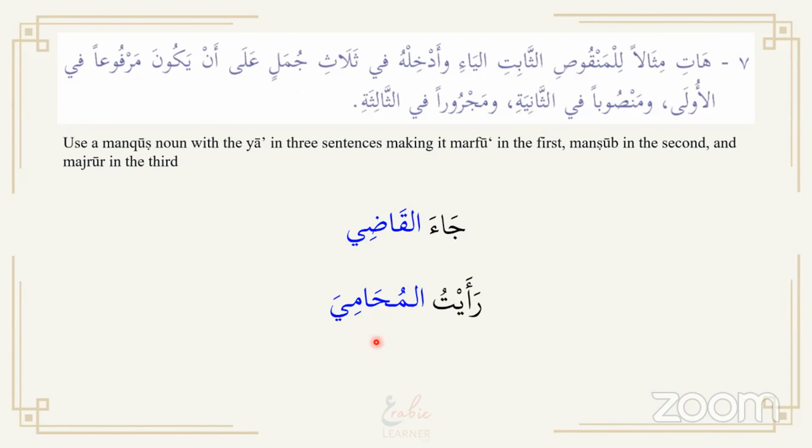Here, with the manqus which ends with letter ya, the alamat is shown, is visible, and this is in the nasab status. So how will you say that? The alamatul nasbihi is al-fathatu dhahiratu, because it is seen here. Fatha is visible here. You will not say al-fathatul muqaddaratu; you will say al-fathatul dhahiratu.